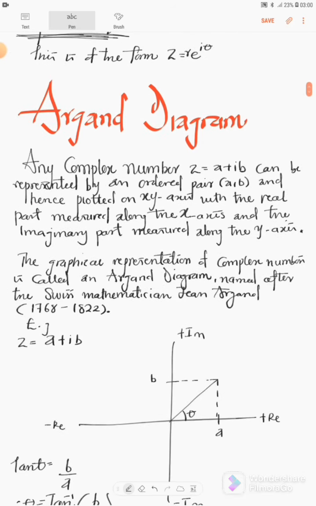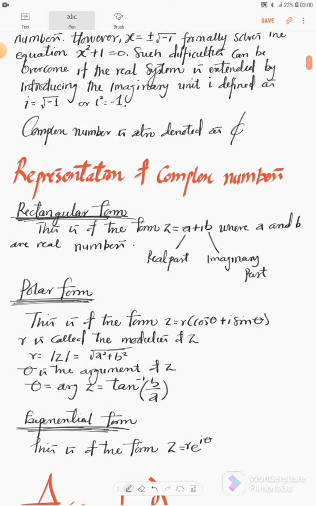We move to the Argand diagram. The Argand diagram is a representation of the polar form in graphical form.